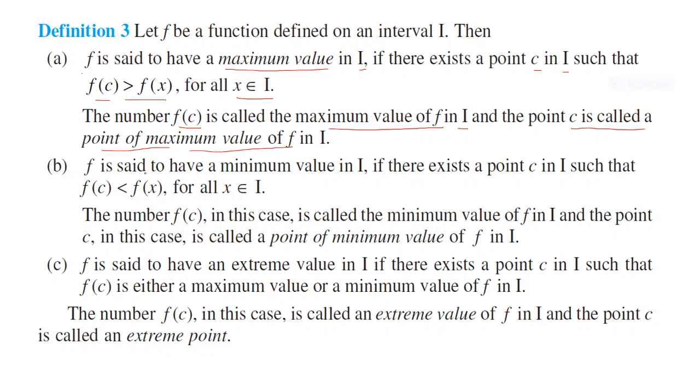Similarly, we can define the minimum value. f is said to have a minimum value if there exists a point C in that interval such that f of C is less than or equal to f of x for all x in I. In that case, f of C is said to be the minimum value of f in I, and the point C is called a point of minimum value.